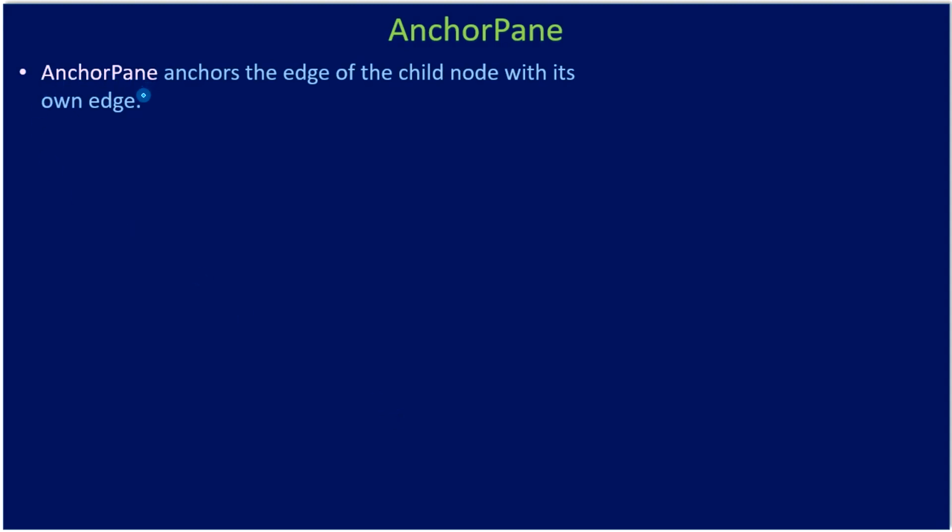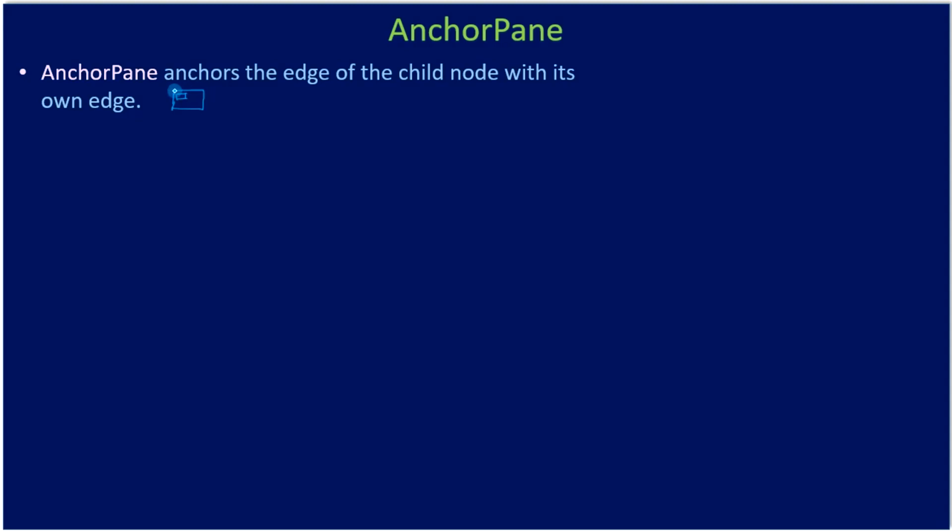AnchorPane anchors the edges of a child node with its own edge. So let's say this is the container. The container has one more container or a component, button or node, we can say, in the JavaFX world.